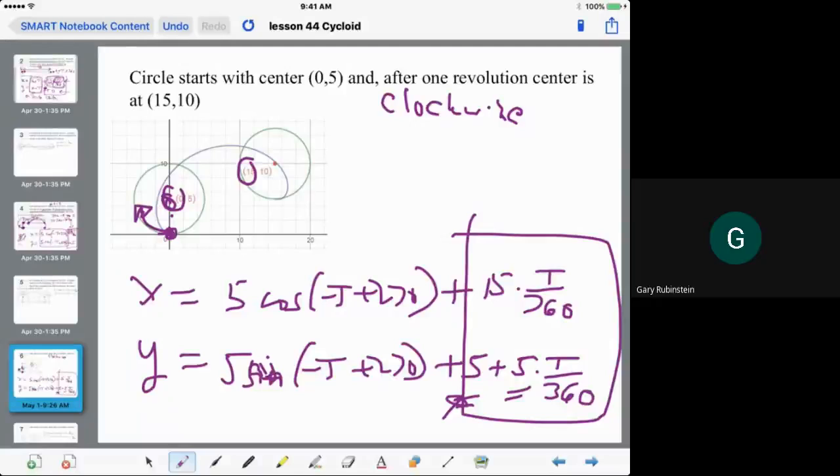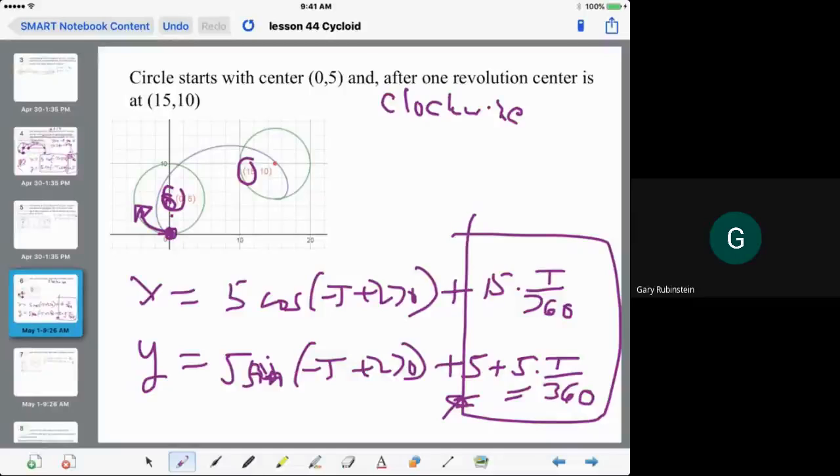Having a 10 there also would have been a pretty good guess, but the actual answer is what Chelsea put up there. And you can see now on the screen, that's what the answer is. You could type this into your graphing calculator, and you'd want to be in degree mode because I have the 270 and the 360 there, but it will graph this thing.